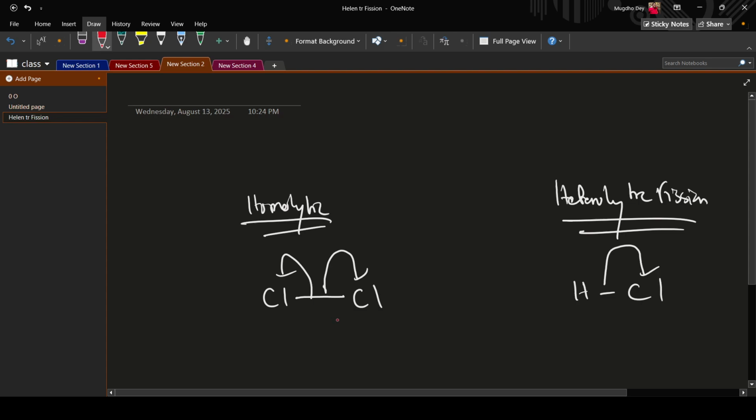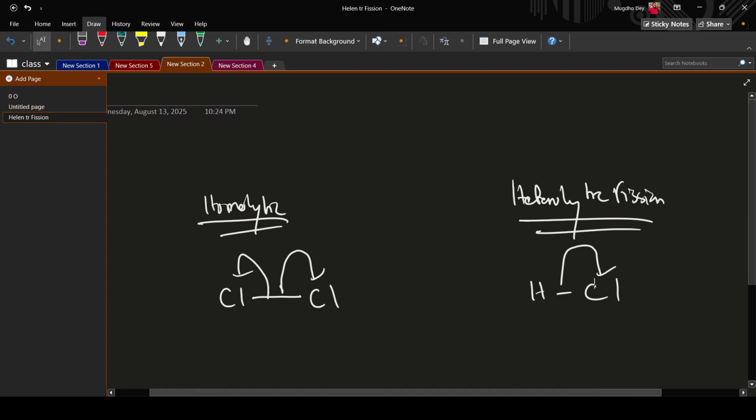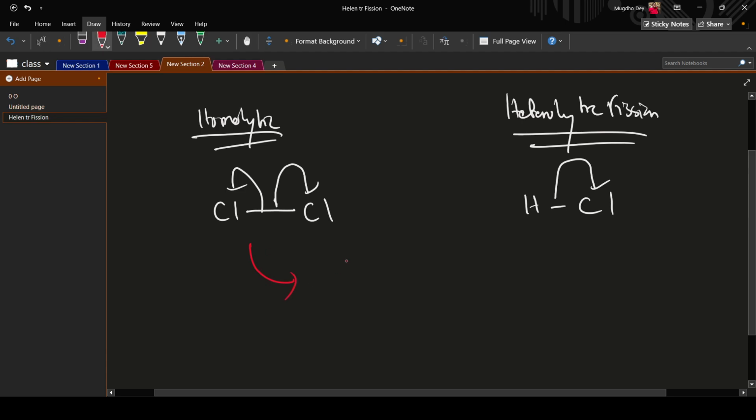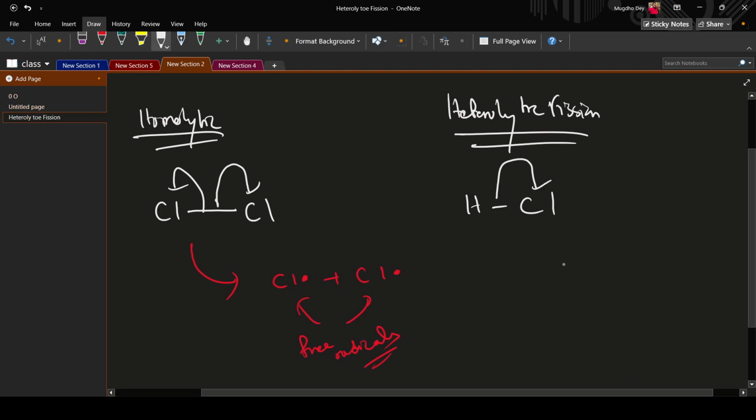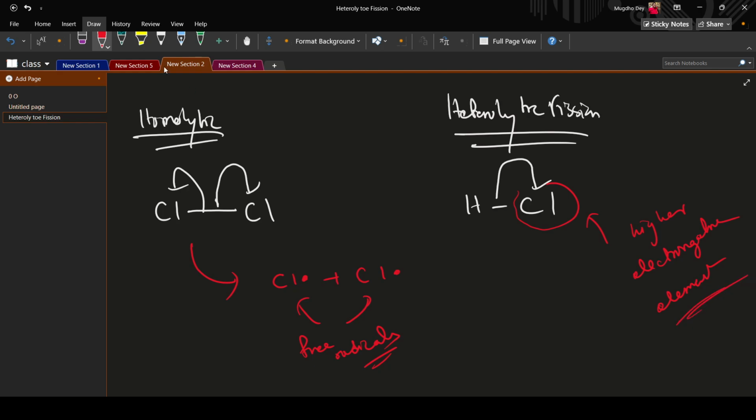So this is how it happens, right? In homolytic, what is produced? Very good, free radicals. And in heterolytic, the bonded electrons are basically taken by one atom. I hope you understood the difference between homolytic and heterolytic.